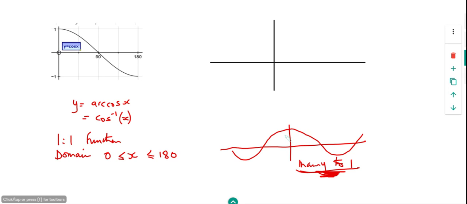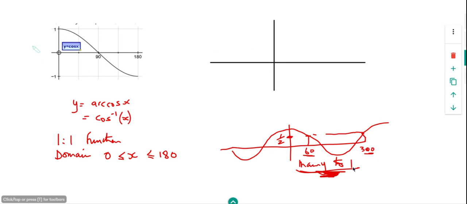But it's many-to-one because there are many values, for example, a half here. That's the same as cos 60 giving us a half, and so does cos of 300. So there are many values of x that would give us the same value of cos x, and that's why it's a many-to-one function.